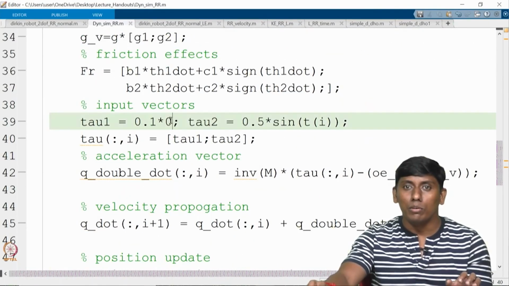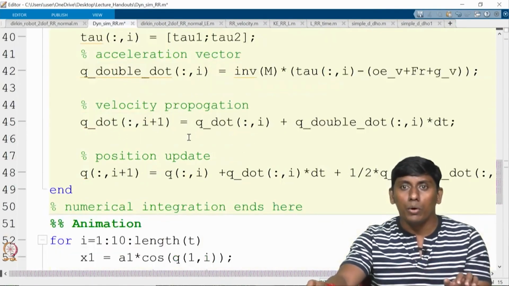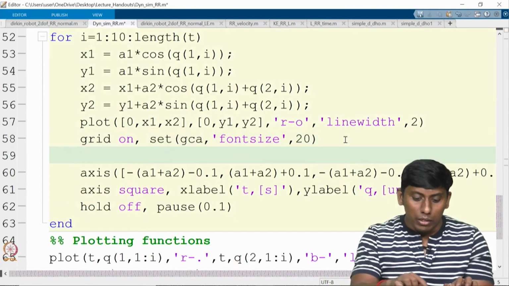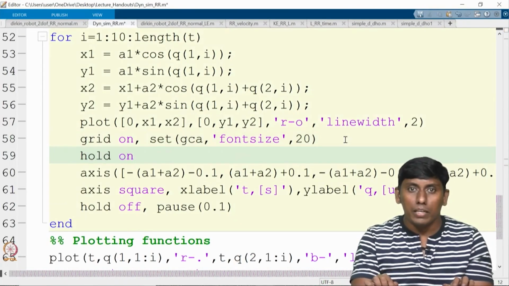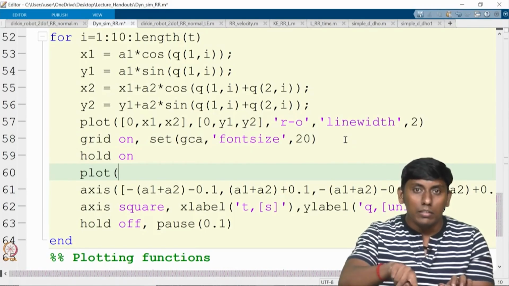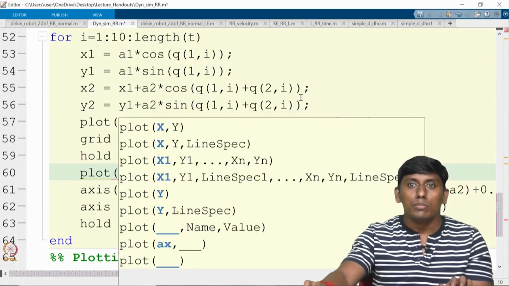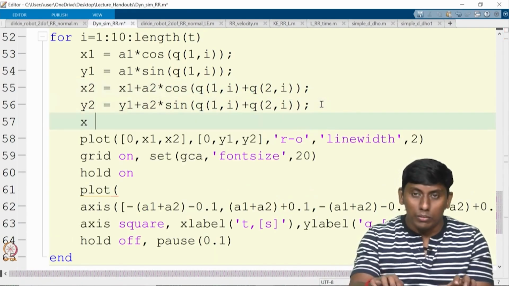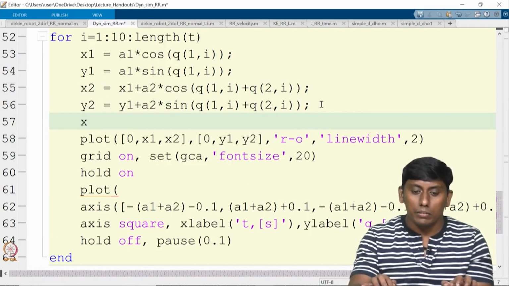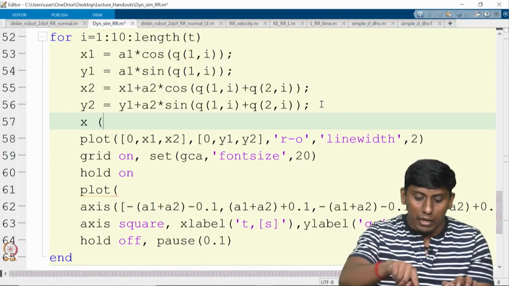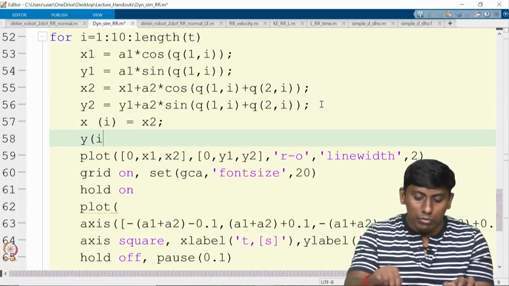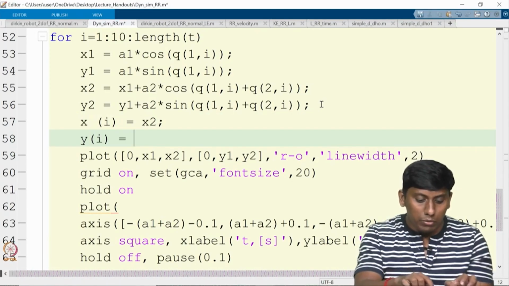So I'll give this one more input, and here I am adding one more. I'm holding on, then plotting. I'll put x of i equal to x2 and y of i equal to y2.